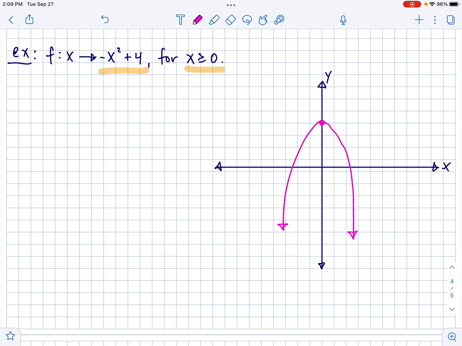But since it is only true for x is greater than 0, I mean, it has a restricted domain, that means that we're actually going to get rid of this part right here. It's only for positive numbers. So they're doing this because now it's a one-to-one function. Before it was not a one-to-one function because it failed the horizontal line test. So now it's one-to-one and we can find its inverse.